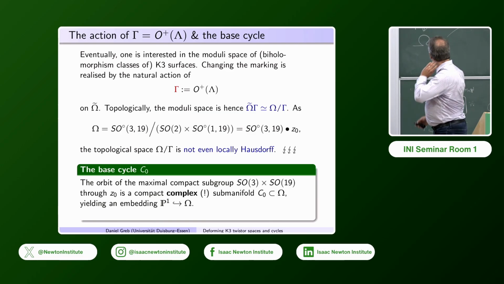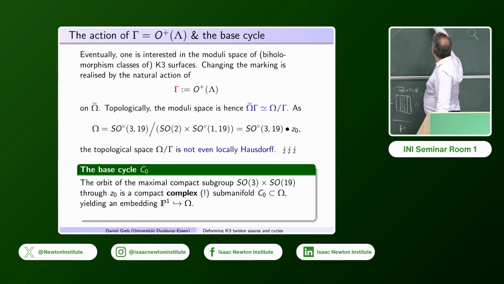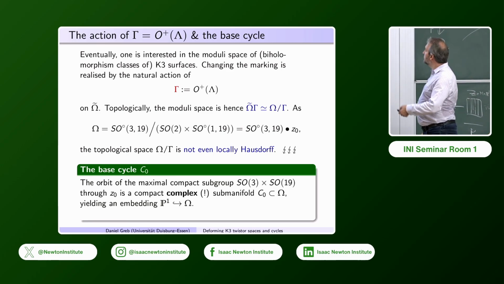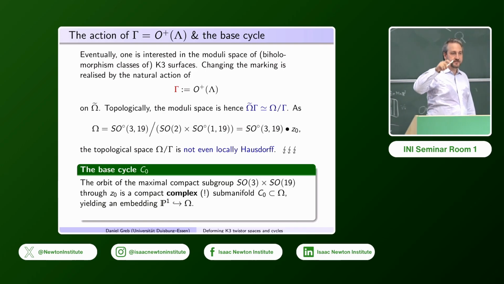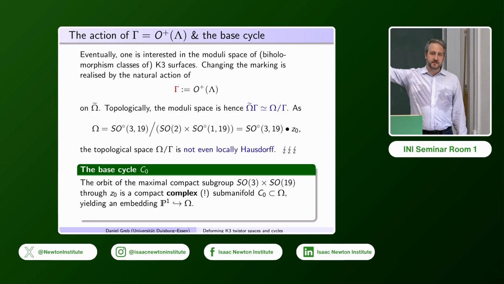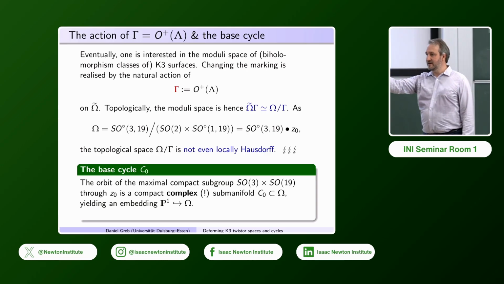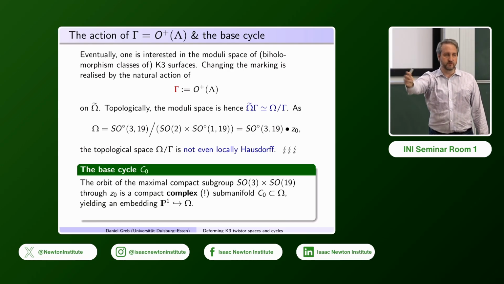And then you take the point in the period domain you used to compute this stabilizer here, and you move this point just with the maximal compact subgroup. And since this is not the stabilizer, something will actually happen. If the stabilizer would have been the maximal compact, this would just fix this point. But at the moment where this is not the maximal compact, the point will be moved.